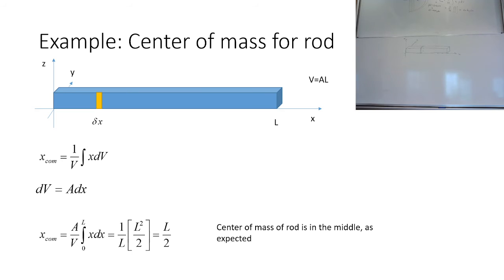So this thing, what do we call it? The dimensions of the rod are L and, okay, let's say that this cross-sectional area is A. We've chopped it up into small pieces, so the width of that small piece is equal to delta x.